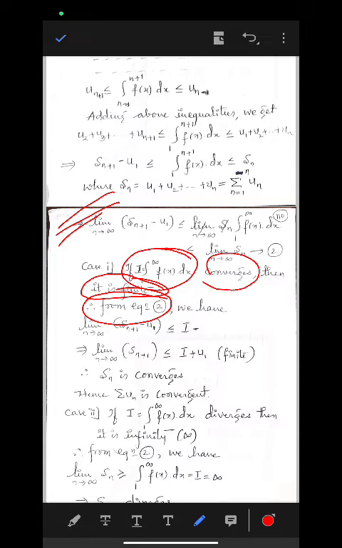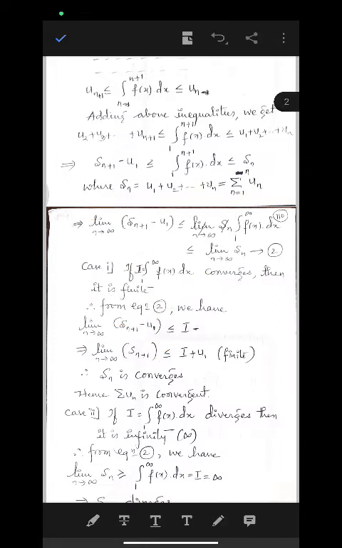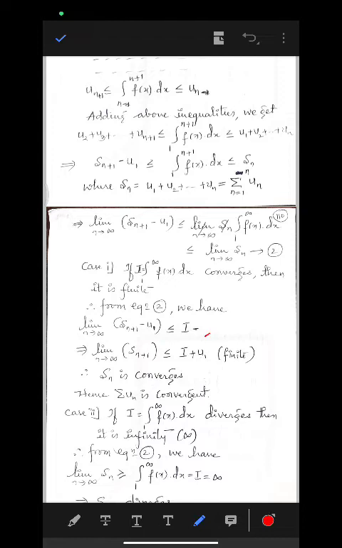This one is our equation 2, right? So if I take the limit as n tends to infinity of S(n+1) minus u1, which is less than or equal to I, the integration from 1 to infinity of f(x) dx. So the limit as n tends to infinity of S(n+1), right? See, why have we taken this u1 on the right side?